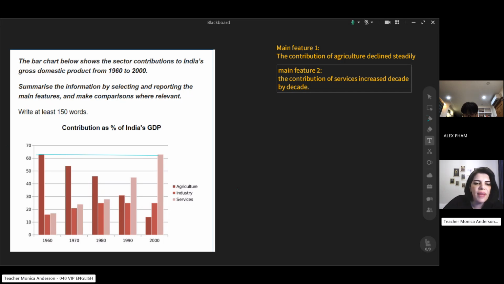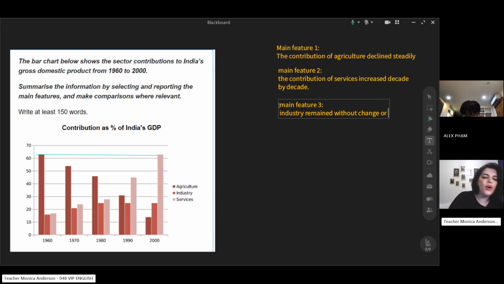And we have the third main feature, that is industry. Industry. What happened? It remained without change, or static, of course.